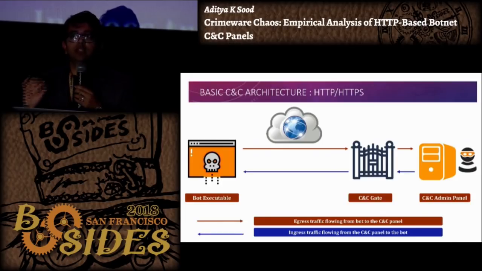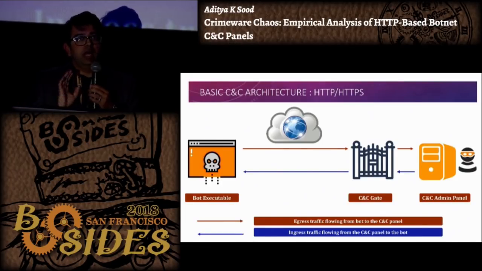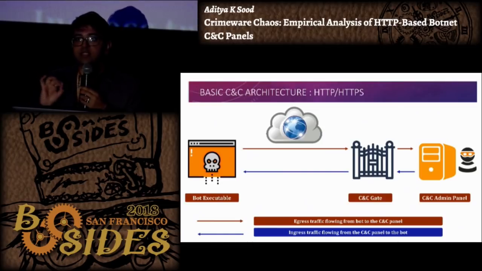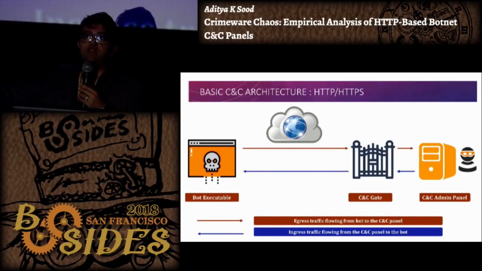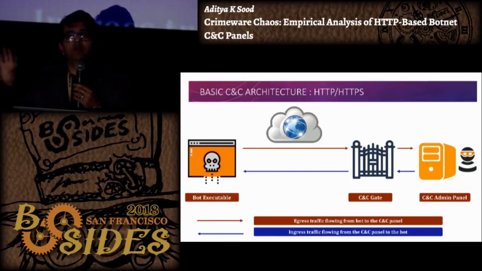The bot has to send your information back to the CNC server, right? The bot extracts the information and sends it back, the server receives it, processes it, and stores it in the database. The attacker can come back, look into the information, and then sell it in the marketplace.